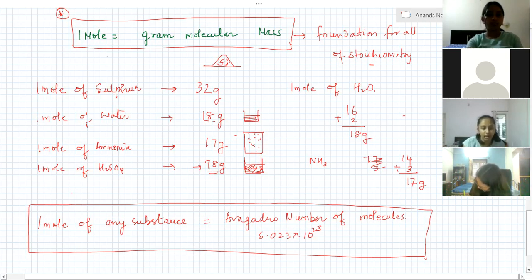Yes, so 1 mole of any substance is equal to Avogadro number of molecules, which is 6.023 into 10 to the power of 23, and 1 mole is equal to gram molecular mass. Any substance, right? So if I give you the molecular formula, you remove the U and put G. And that is nothing but 1 mole, all right?